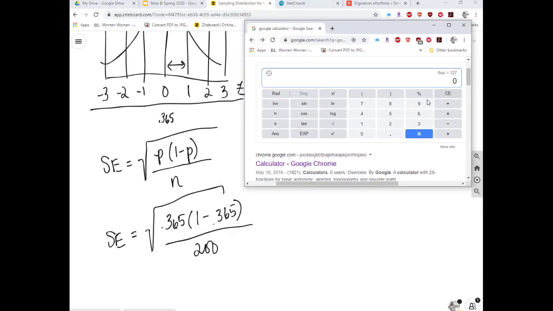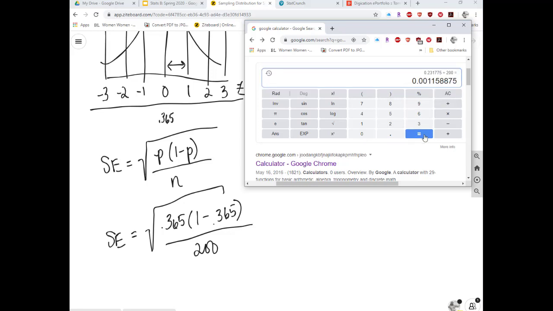Clear it out. 0.365 times (1 minus 0.365) equals, there's my numerator. Divide by 200 in my denominator.